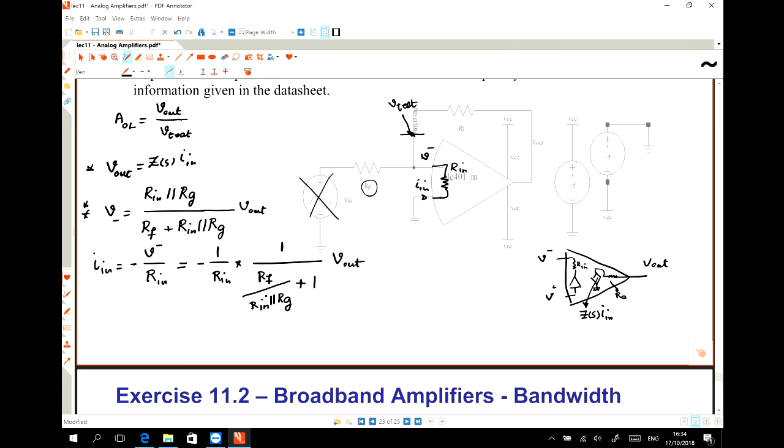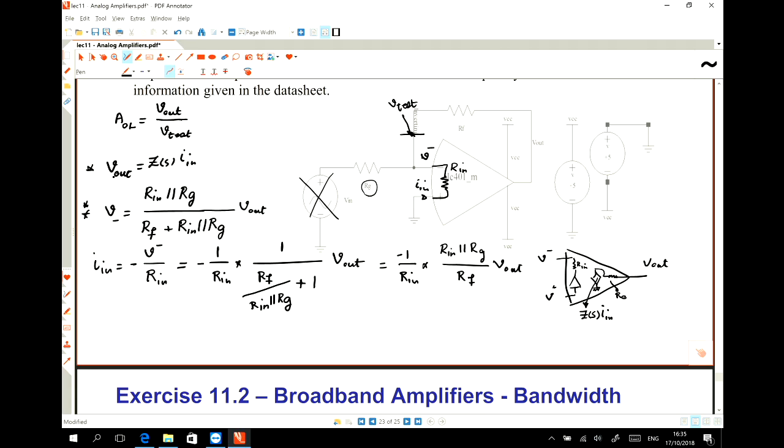And then the RF over R in is a big value, because this is 50 ohm, for example, and this is in the order of a few kilo ohms, so this is dominated. And then I can say that this is much higher than 1. So I can simplify this to minus 1 over R in, and just keep this R in parallel with RG divided by RF, times V out.